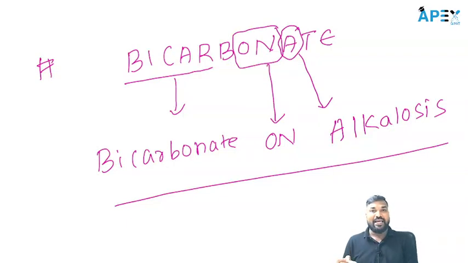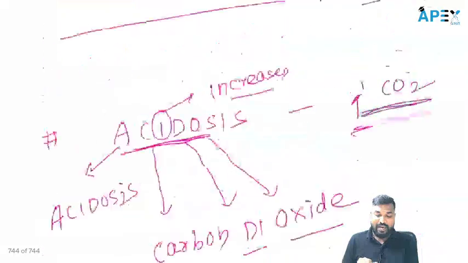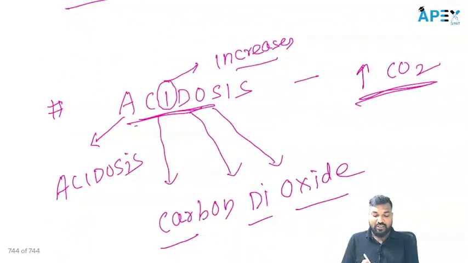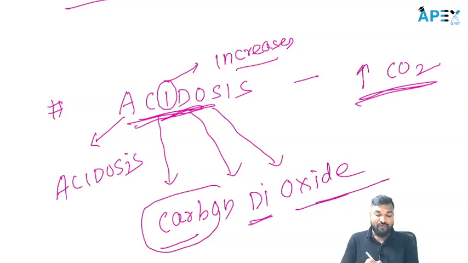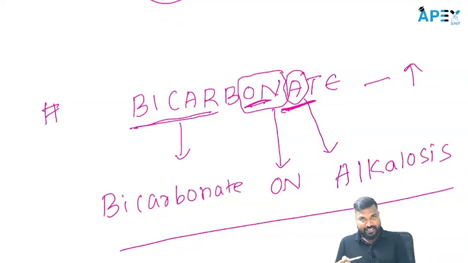So, when the bicarbonate levels increase, there will be alkalosis, alkaline nature. So, these are the three things I have discussed. Hypokalemia causes alkalosis. Hyperkalemia causes acidosis. When carbon dioxide levels increase, we get acidosis. The next one, bicarbonate on, we will get alkalosis.